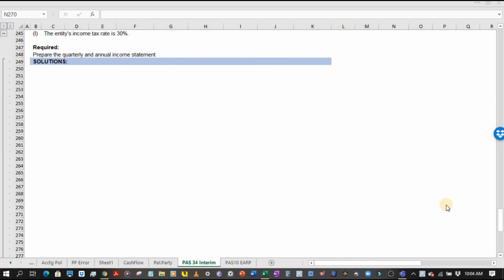So now let us proceed to letter L. Letter L states that the entity's income tax rate is 30%. The last expense that we are going to compute is the income tax expense. It is at 30%, and of course, it will be based on the net income before tax.